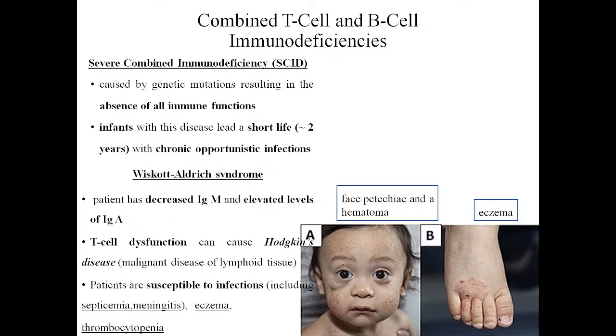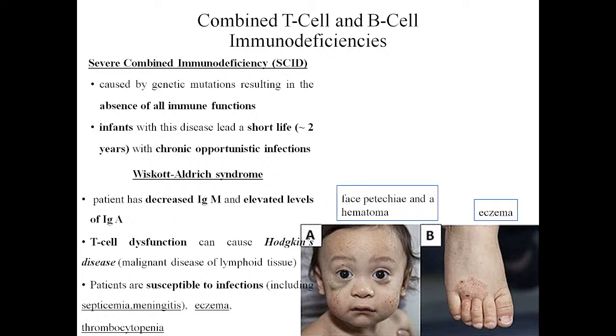There are no immune mechanisms. And such children suffer from chronic opportunistic infections. I remind you that opportunistic infections are caused by opportunistic bacteria. These are bacteria of normal microflora, but in low immunity they can cause infections.